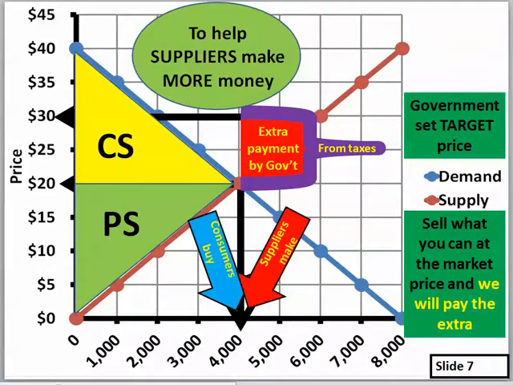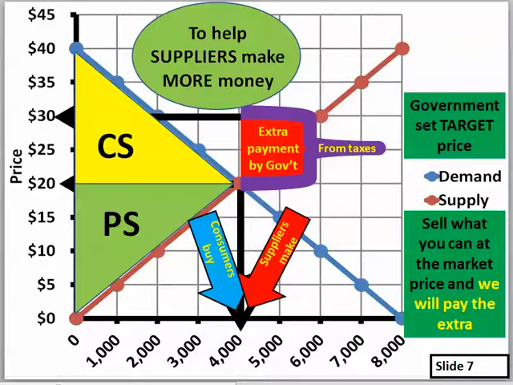This would be a situation where instead of the government buying the excess, they tell the suppliers that, yes, we're going to set a target price. It's no longer a price floor. It is a target price.